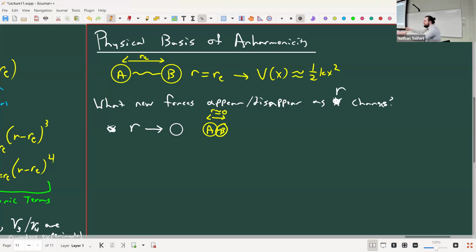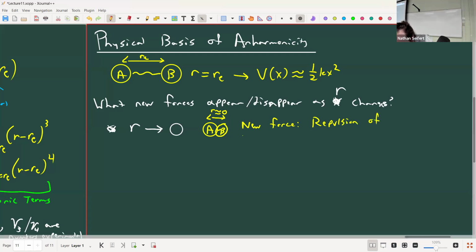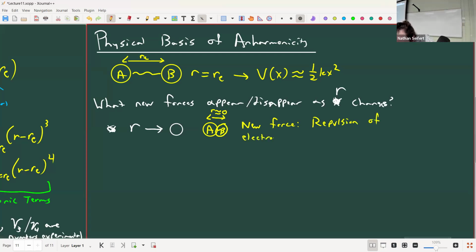They've got a spring that has some restoring force that wants to bring them apart, but there's a new force being added here, which is the repulsion of the electrons, the electronic exterior of the atoms.